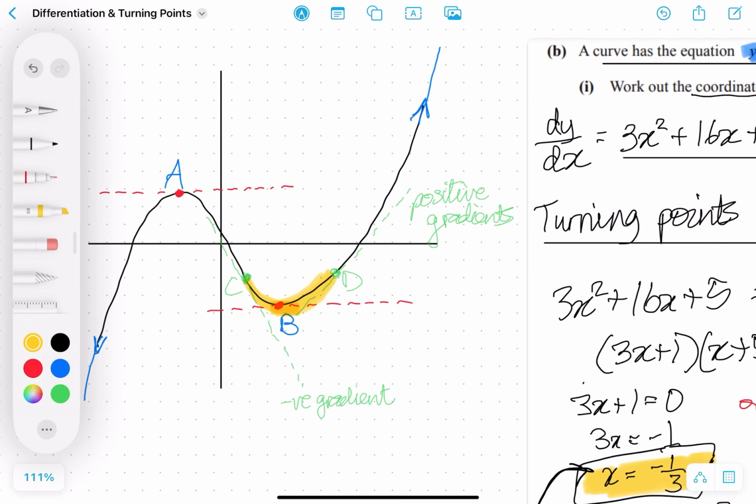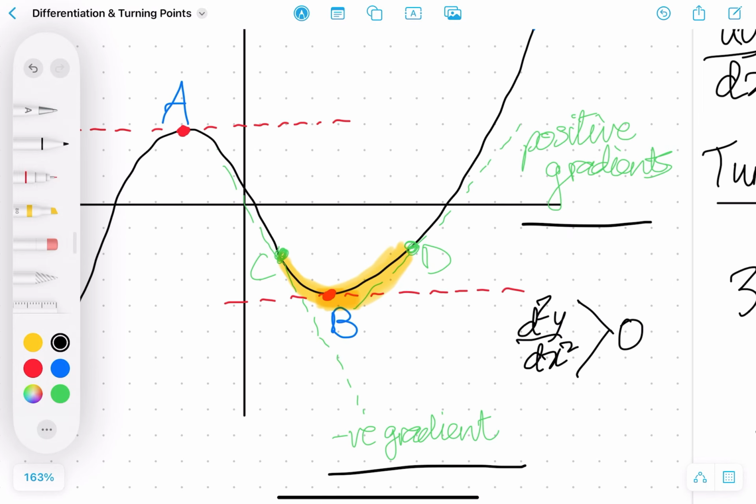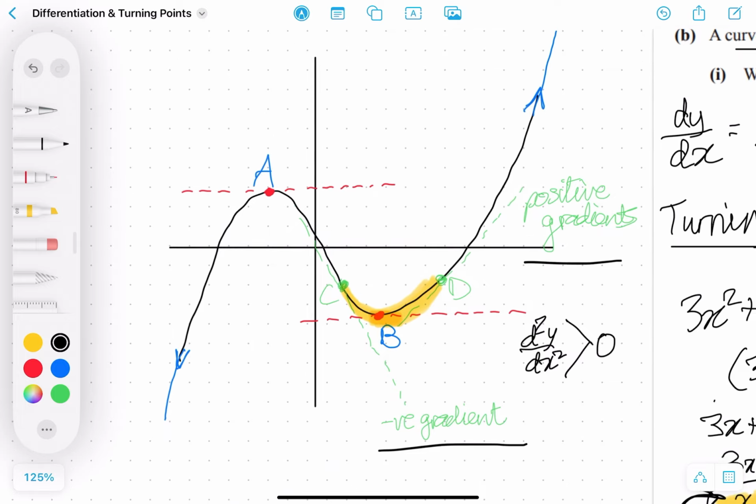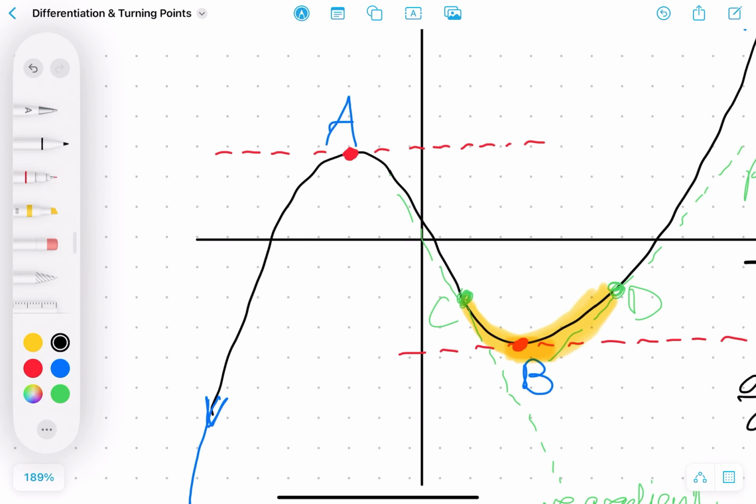The gradient is going from negative to positive. So therefore d2y by dx squared is greater than 0 for this area of the graph where B lies. Therefore B is the minimum point. So that's how you know that if the second derivative is greater than 0, then the point must be a minimum.